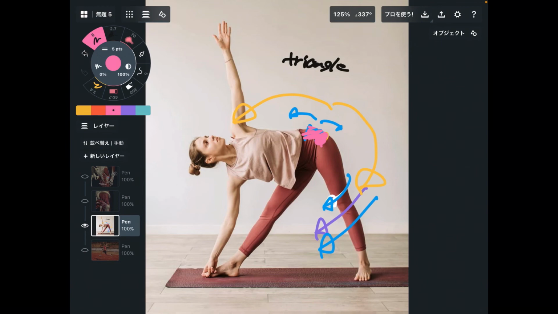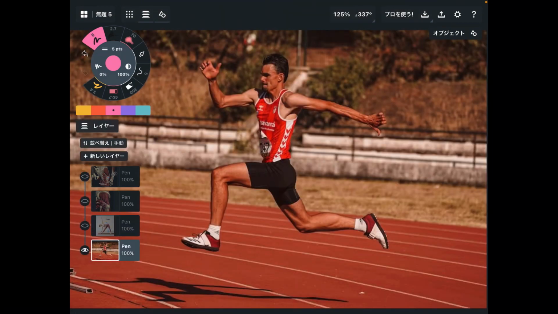How can you apply anatomy for exercise? Alright, this is running. Running is a basic exercise, right? His greater trochanter is about here. His left leg is in flexion position. His right leg is in extension position. So muscles around the greater trochanter are working 24 hours and 7 days in running movement.